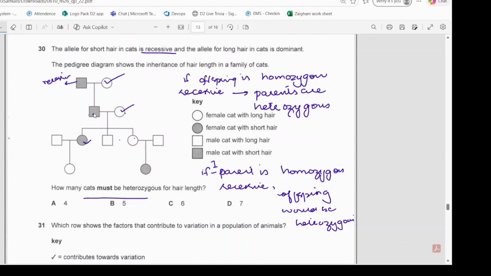One parent is recessive homozygous, so these both are also heterozygous. Again, these parents are producing a homozygous recessive offspring, so the parents are heterozygous. So how many are heterozygous?